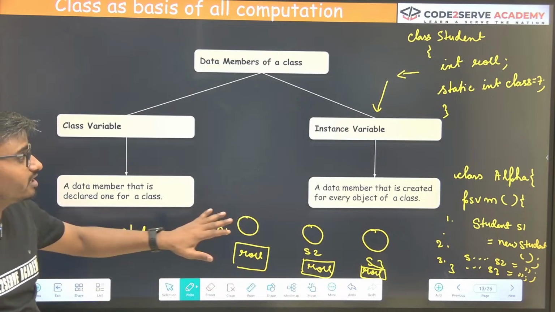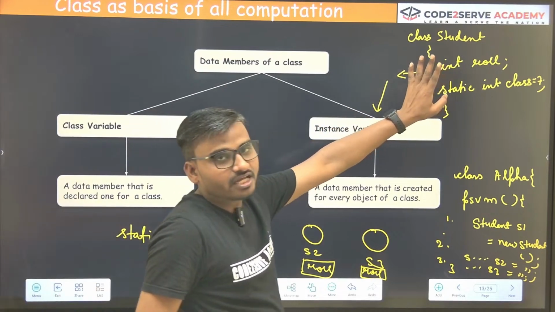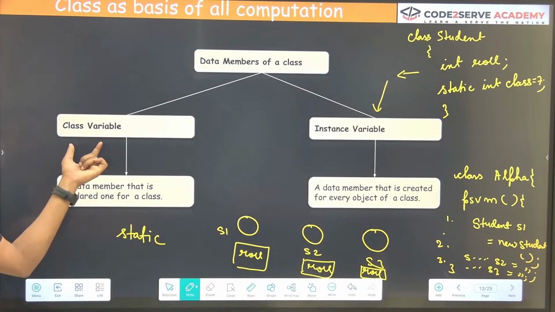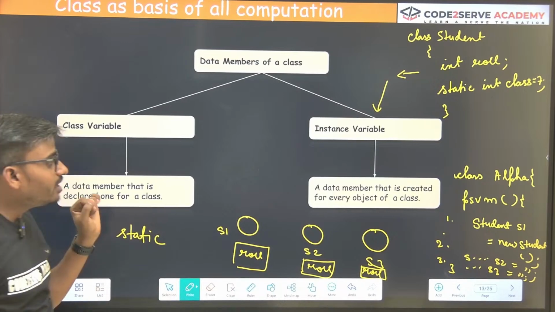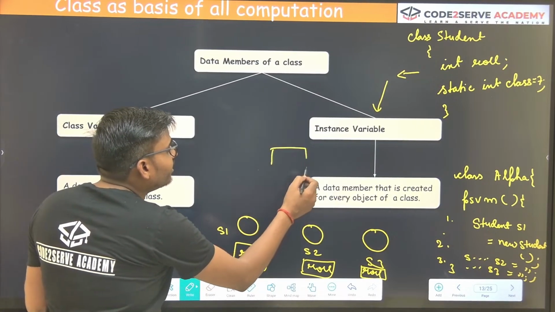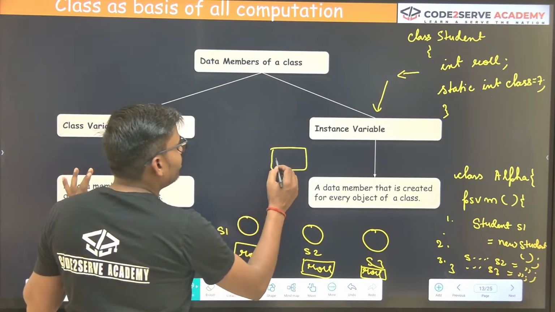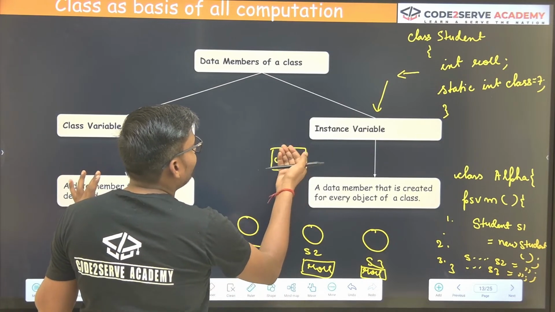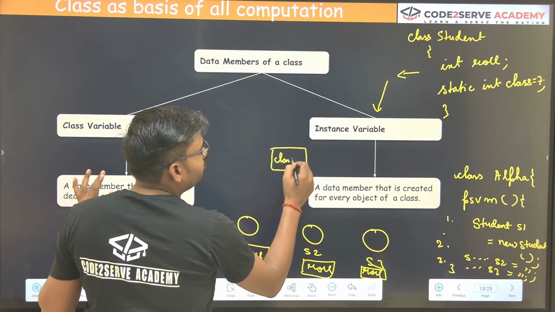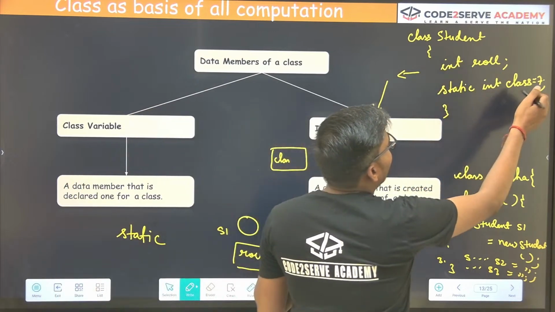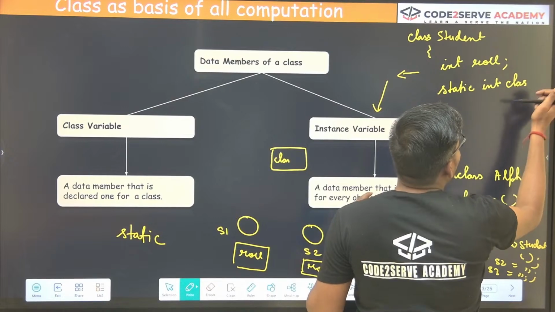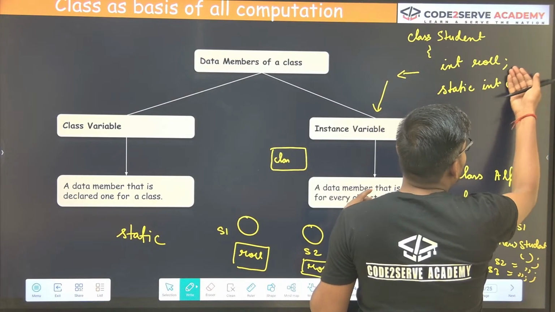Got it? But whenever you write static, that means it belongs to the class variable. That means it will only get created once.